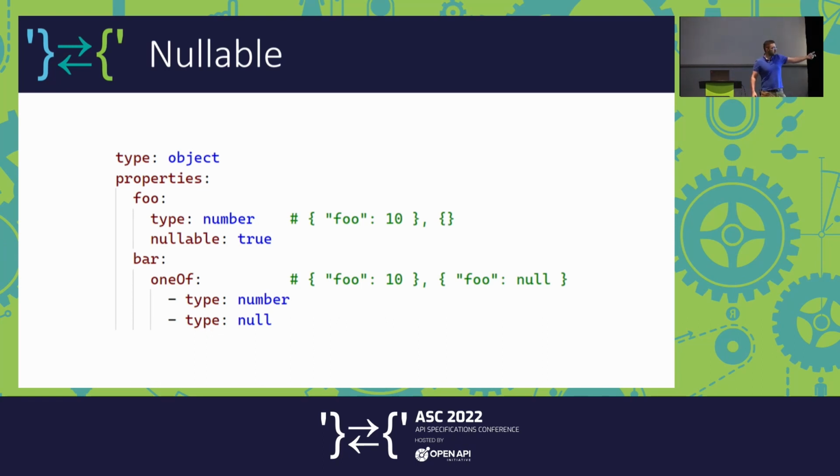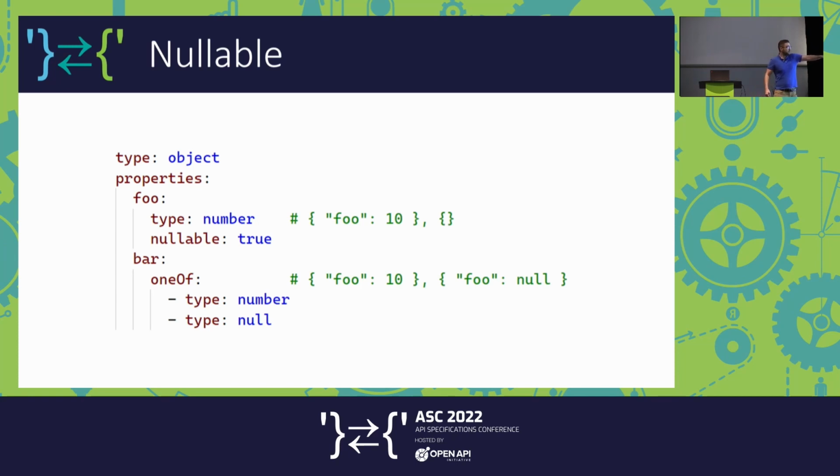I can either get an object with foo and a number, or an object with so many other properties, but not that property. And the second example is more OpenAPI 3.1, or actually it's also supported in 3.0, where you can have a one-off, and we'll talk about the one-offs later on. The first entry is number still, and the second entry is type null.